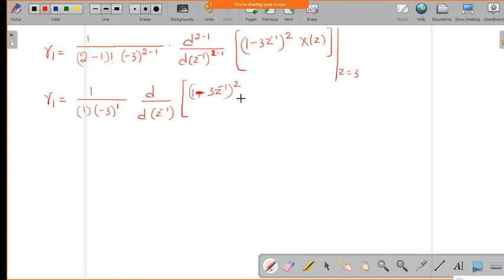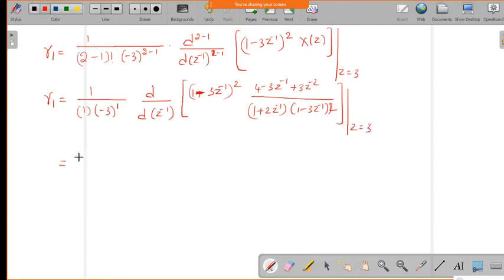What is the X of z value? It is 4 minus 3 z inverse plus 3 z power minus 2, divided by 1 plus 2 z inverse into 1 minus 3 z inverse whole square. Now you have to evaluate this at z equal to 3.